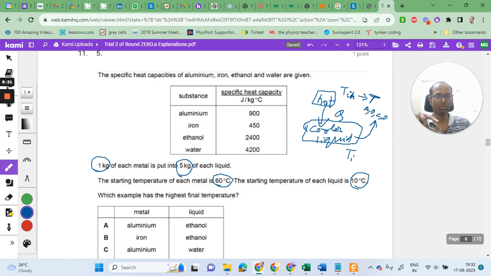So the initial temperature of the cold object will go to the same final temperature, say TA, TB, TC, TD. Now our question is, this final temperature is highest in which case?